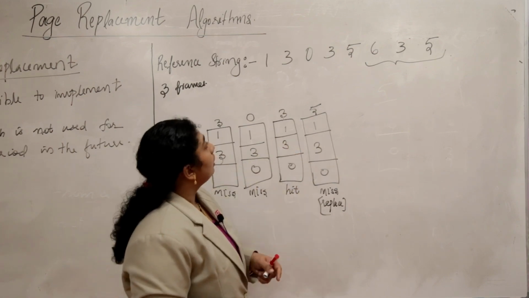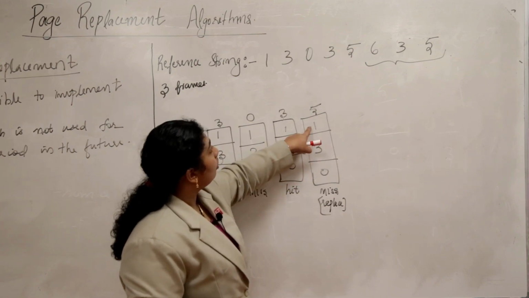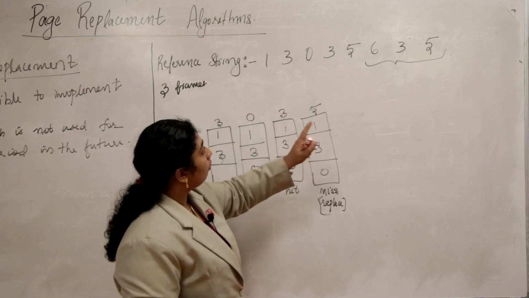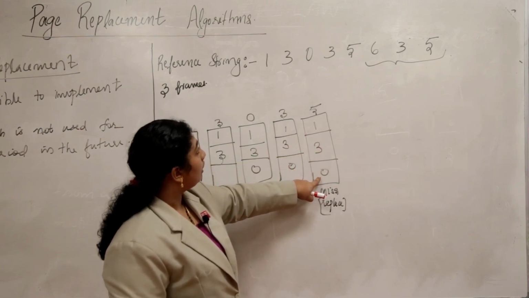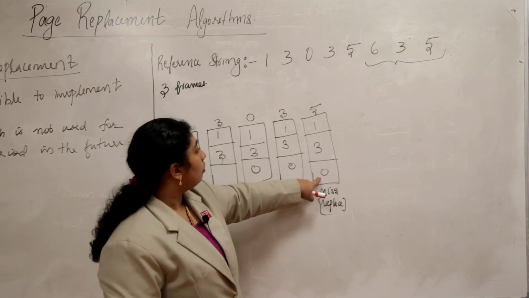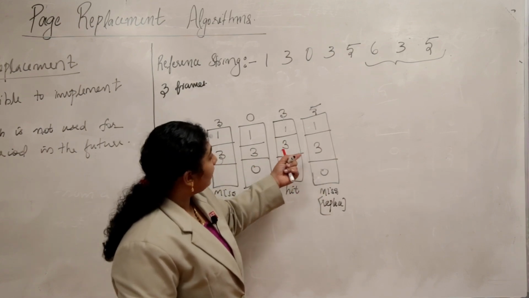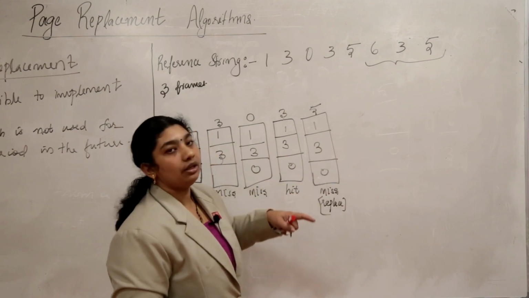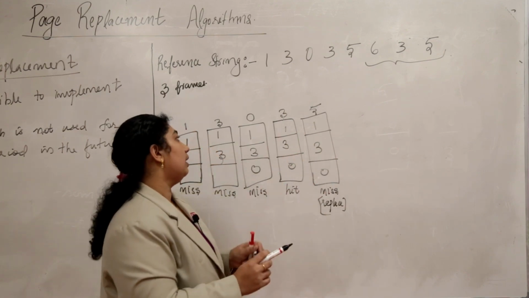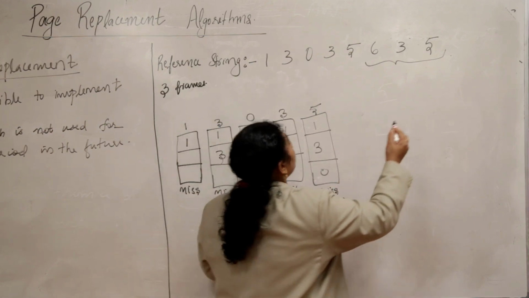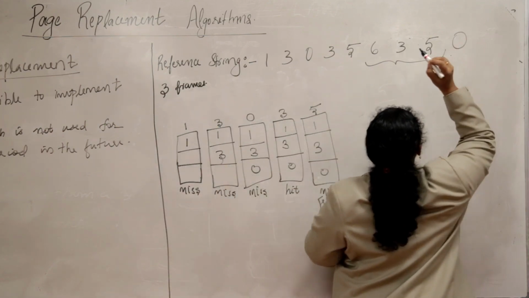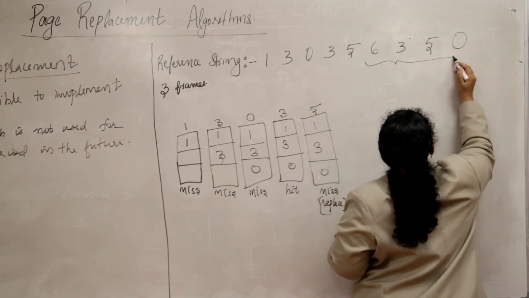So 1, 3 and 0. Actually 1 is not being used for a longer time, 3 is used, and 0 is not being used, so we can take either 1 or 0 out of the physical memory. Now consider that the reference string has the value 0 also.